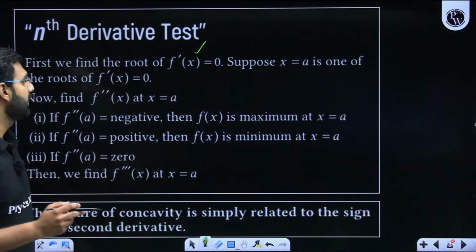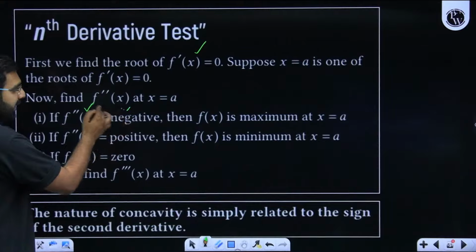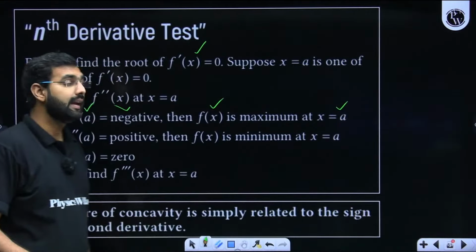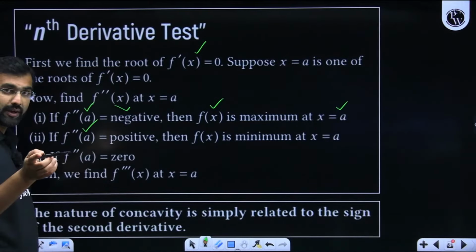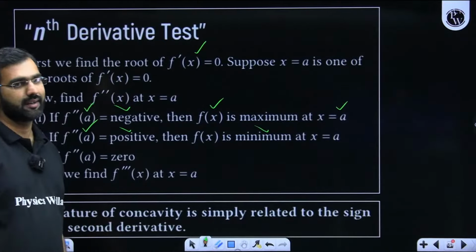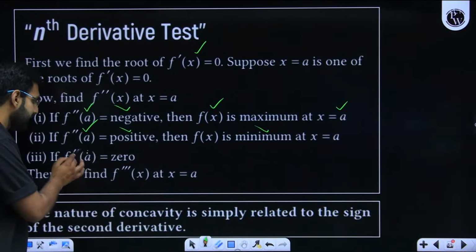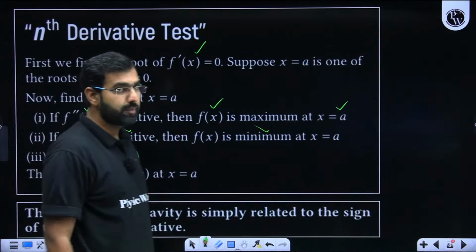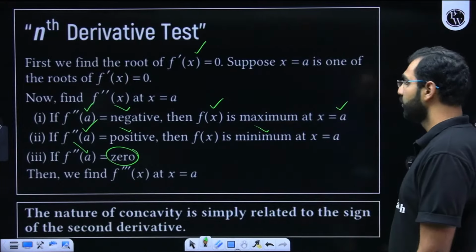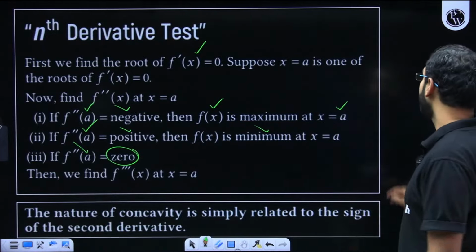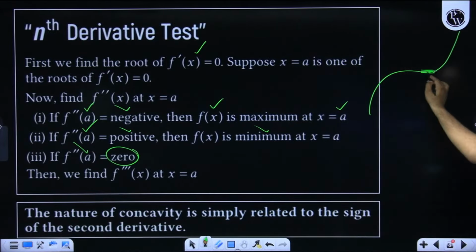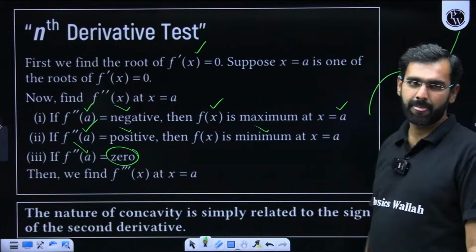Then there are three possibilities. f double dash x could be negative, which means f(x) has maxima at that point. f double dash x at that point, x is equal to a, could be positive. That means f(x) has minima at that point. Or f double dash x could be 0. That could mean that a point of inflection is there. So the curve is changing its concavity, which means if it was concave up, then it may become concave down, and there you see a point of inflection.